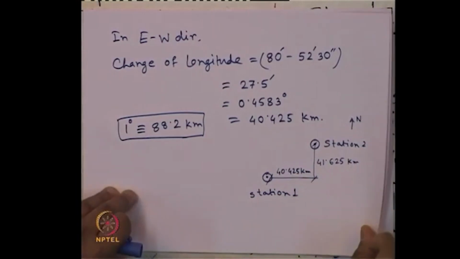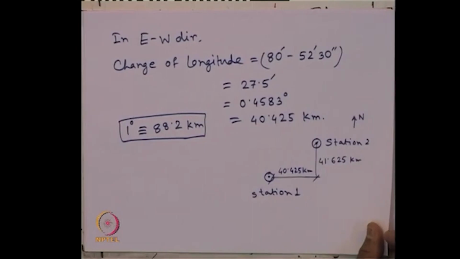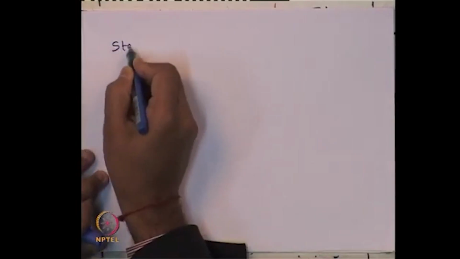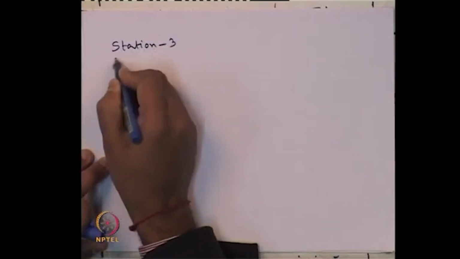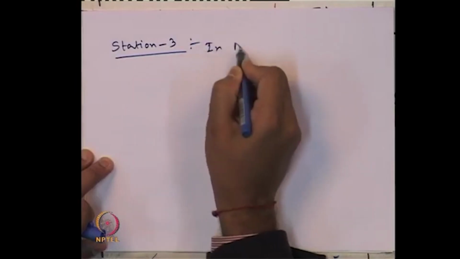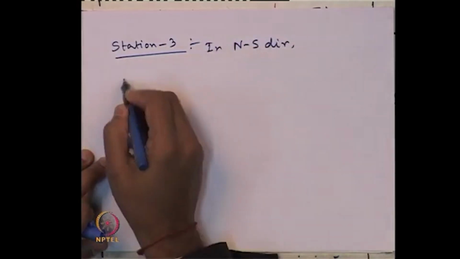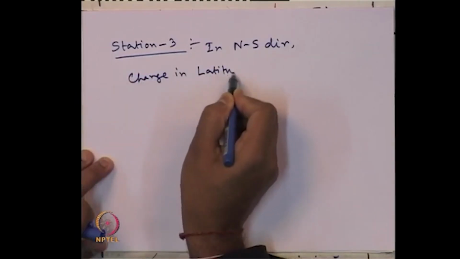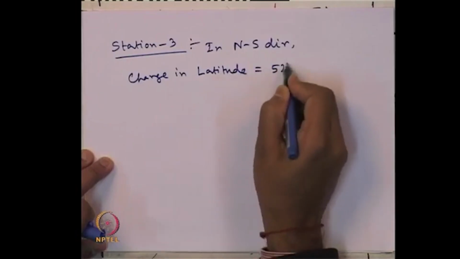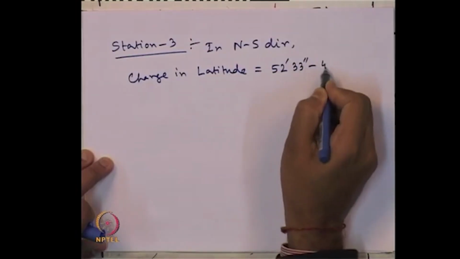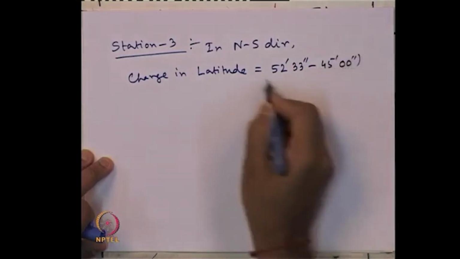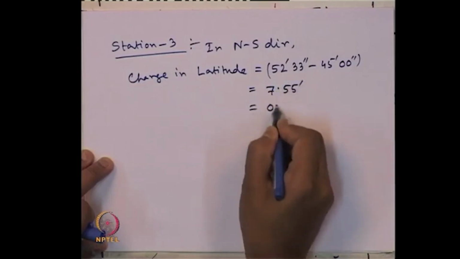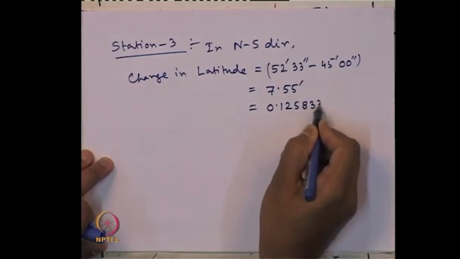Okay. Similarly, we can do the same calculation for seismograph station number 3. So, for station number 3 in the north-south direction, the change in latitude is 52 minutes 33 seconds minus 45 minutes 00 seconds, which comes out to be 7.55 minutes, which is 0.125833 degree.